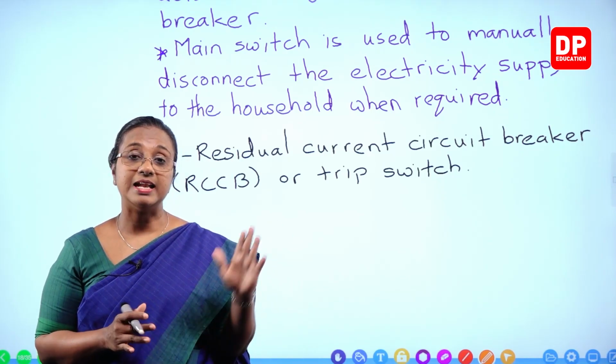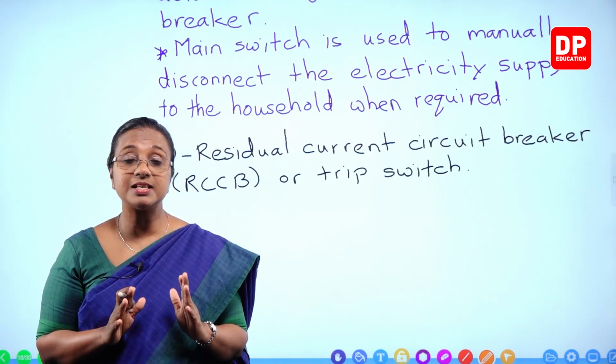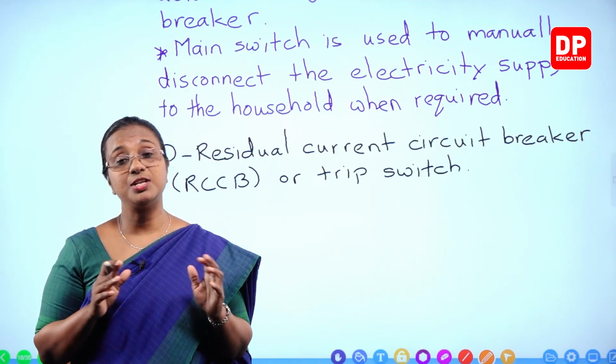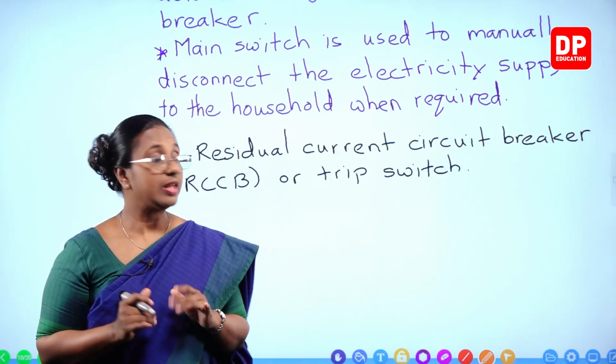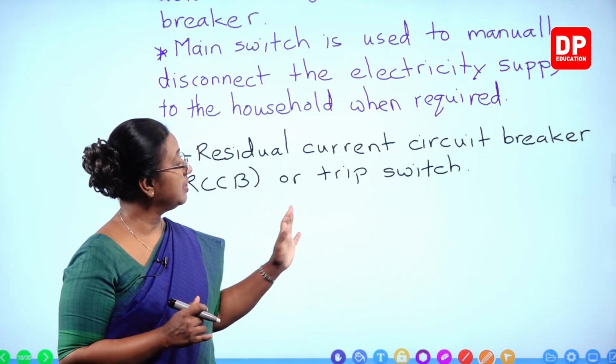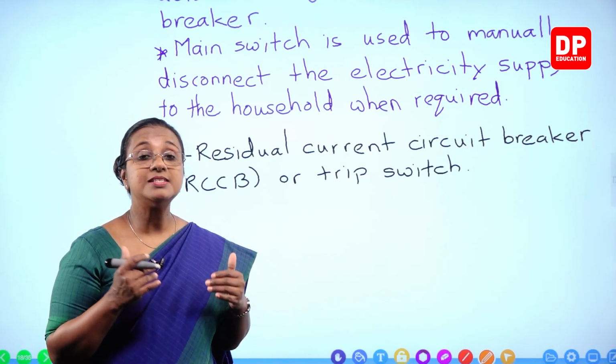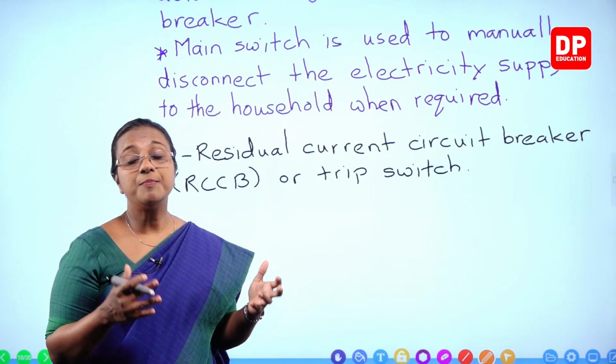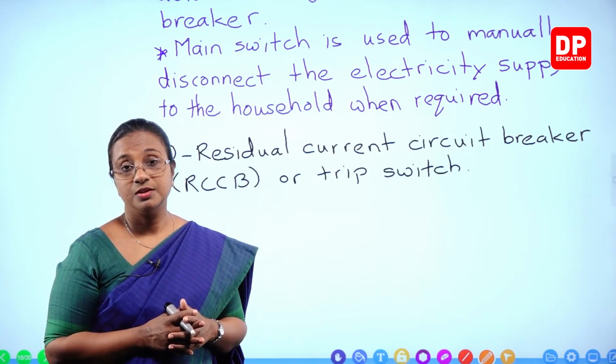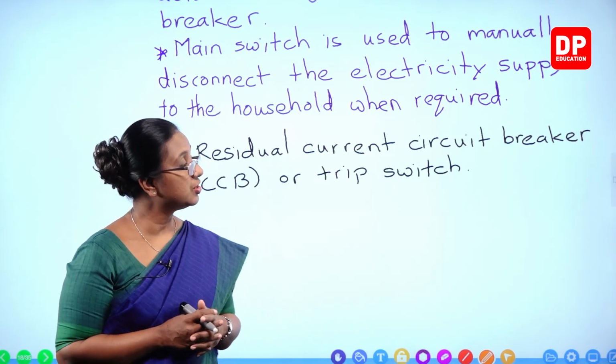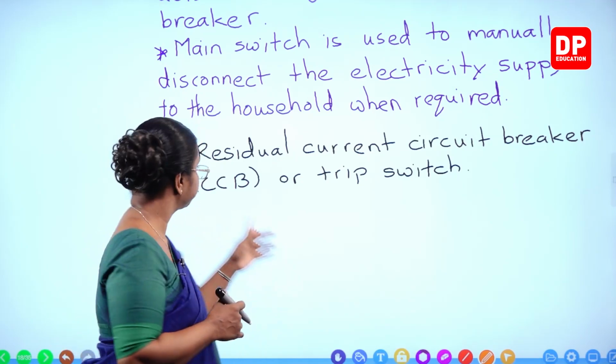Because of that, immediately the trip switch disconnects the electricity supply to the whole household. So that is how the RCCB or the trip switch prevents the consumer from electric shock. That is the function of a residual current circuit breaker.